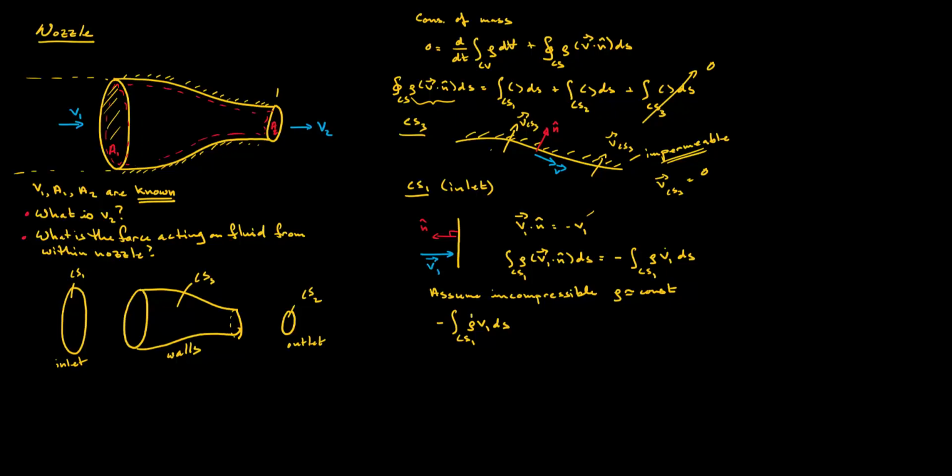So if the density is constant, we can take it out. But also we're assuming that the velocity is constant over the entire surface A1. So what we're left with is negative rho V1, and the integral over the control surface 1 of dS. And dS is just a differential area, so the integral of all the differential areas will just be the total area. So we're just left with negative rho V1 A1.